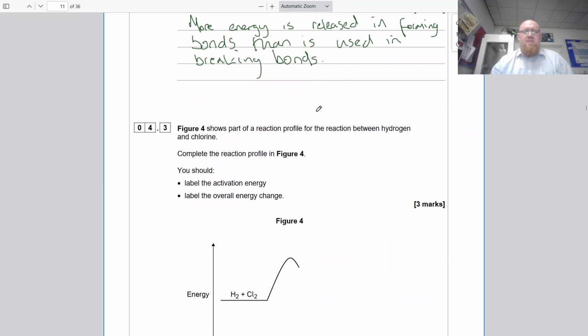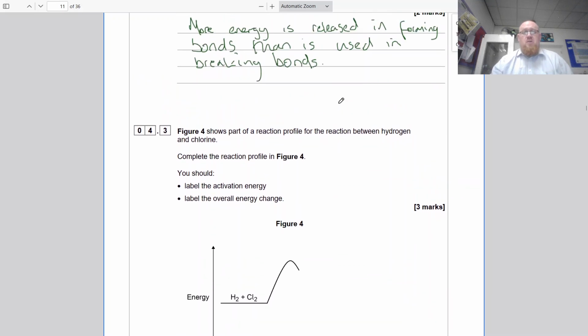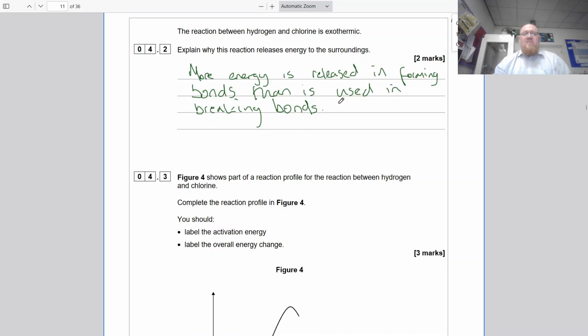Okay, so figure 4 shows parts of reaction profile for hydrogen and chlorine. So we can see that more energy is released in forming bonds than is used in breaking bonds.